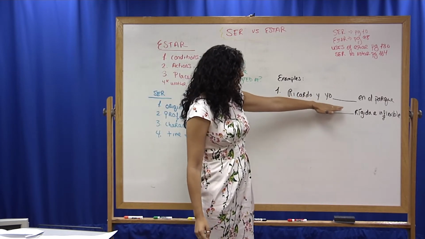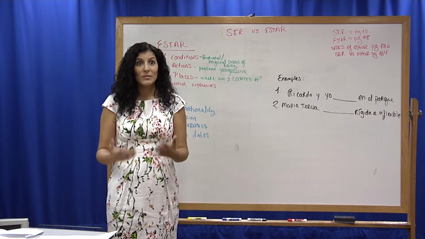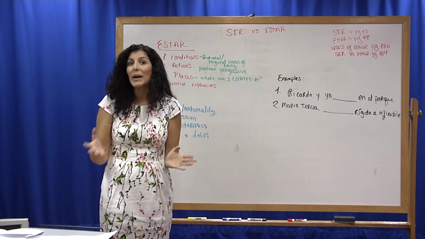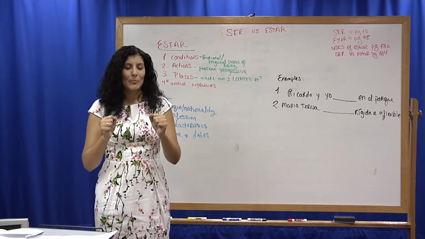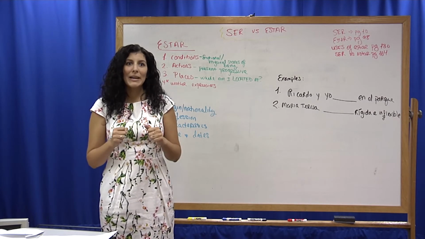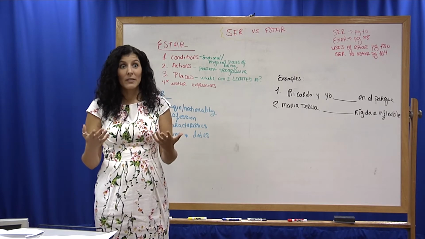Ricardo y yo en el parque. I know that I'm either going to use ser or estar. Those are my two possibilities with that sentence. So I think to myself, okay, Professor Macbeth said I need to start with figuring out if it's estar first, and then if it's not, I know by default that it's going to be ser.